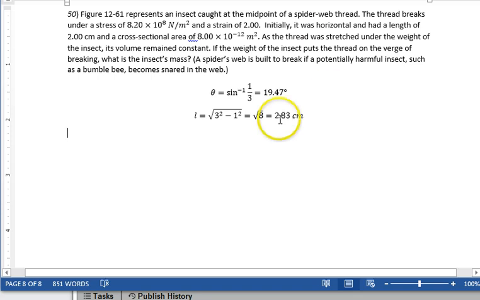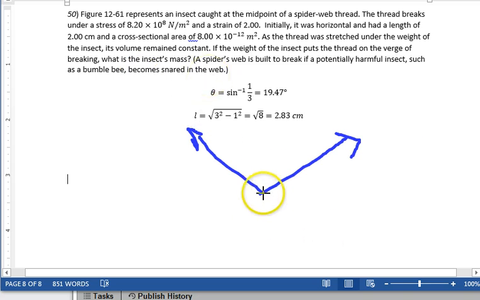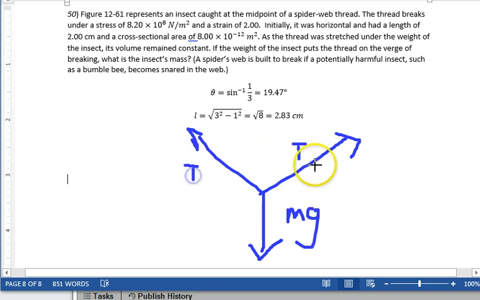The tension on the thread, the spider web, is what's holding up and opposing the mass of whatever it is. We've got its weight, mg, and we've got tension here and tension here.